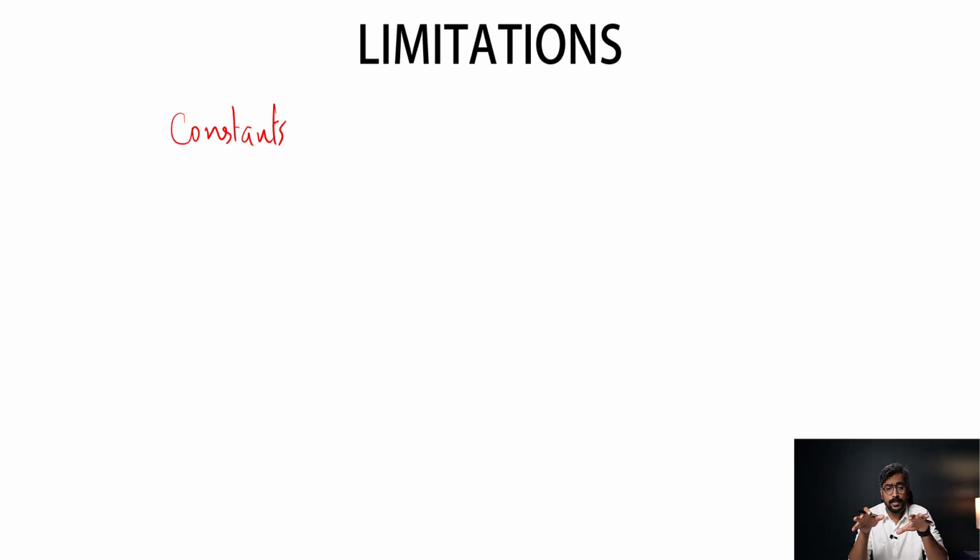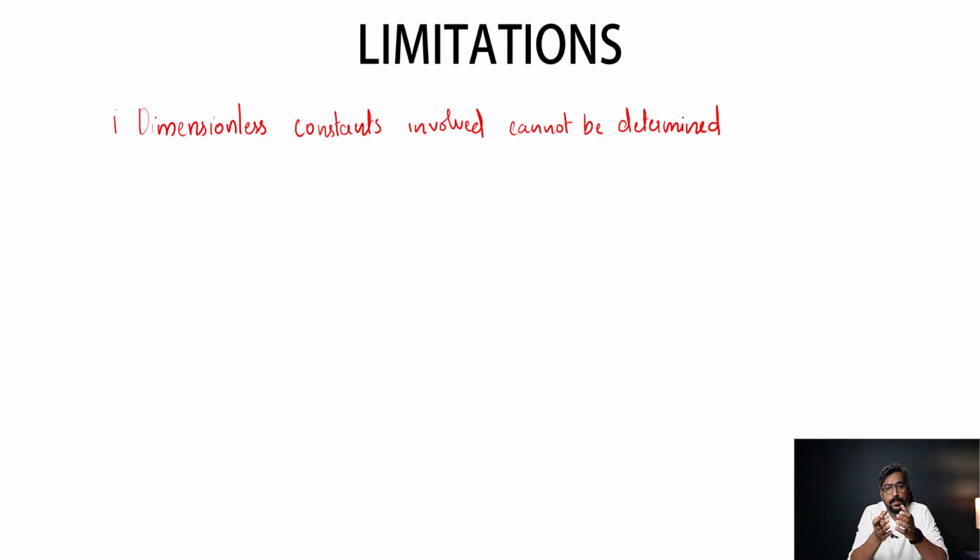In the previous case, the time period of a simple pendulum is some constant times root L by g, but we are not dealing with the constants here. We are dealing with the dimension, the constants which have dimension, but it is the other way around in the case of dimensionless constants. That is one limitation.